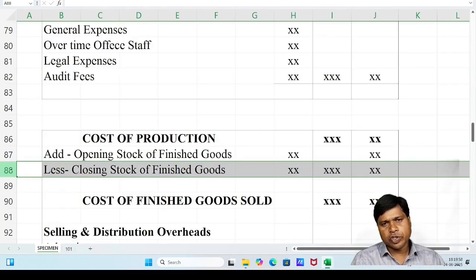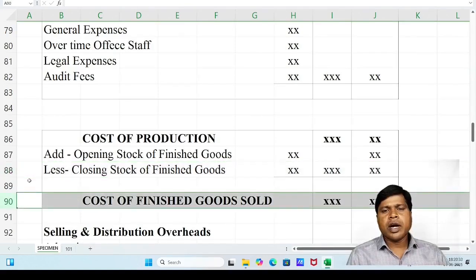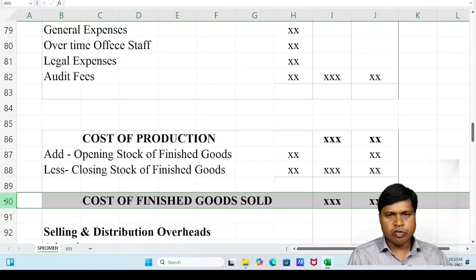After cost of production, we have to add opening stock of finished goods, it means previous year stock of finished goods. Then we have to subtract closing stock of finished goods. Closing stock means current year unsold finished goods. After addition of opening stock of finished goods and subtraction of closing stock of finished goods, we will get the next total, cost of finished goods sold.